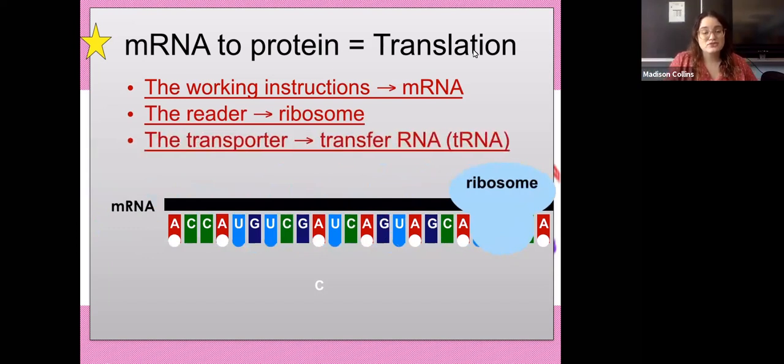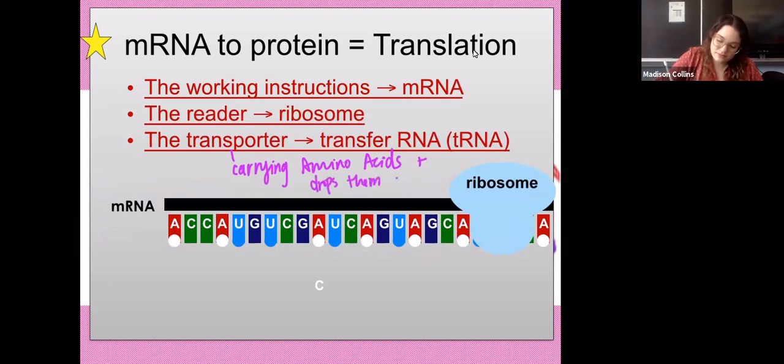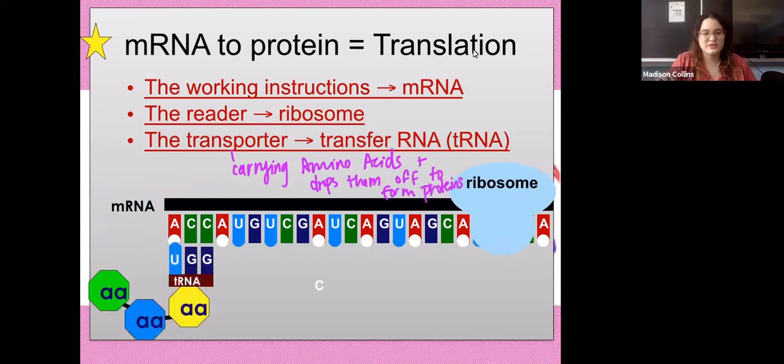So that means that the transporter is known as transfer RNA. This is what's actually carrying the amino acids. Right, and it's going to drop them off to form proteins. And I think I have a visual of that. Yes.